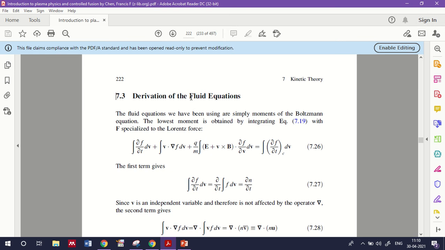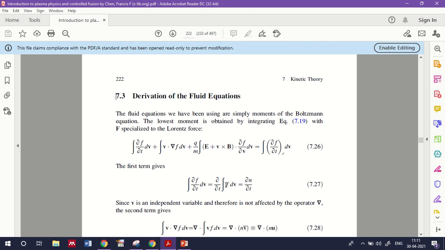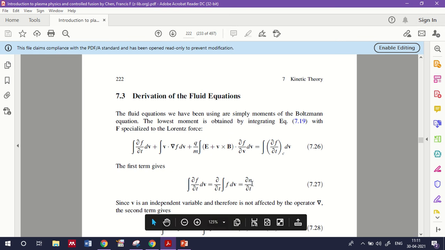So we need to expand to get a fluid equation from kinetic theory. We need to expand the moments of the Boltzmann equation with respect to dv. Okay, so the first term: if you expand the integral of ∂f/∂t dv, we can write this equation as ∂/∂t of the integral of f dv. What is f? f is a distribution function. If you take the distribution function over velocity, we will actually get ∂n/∂t.